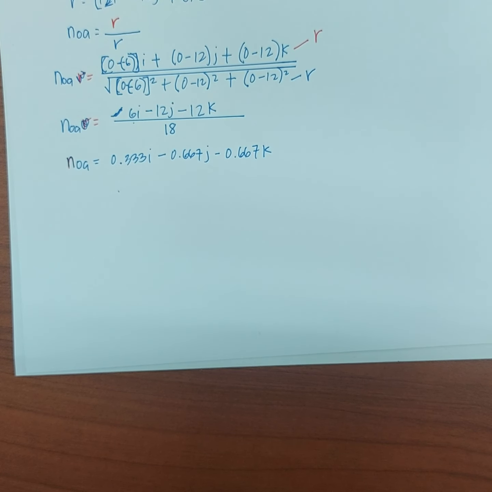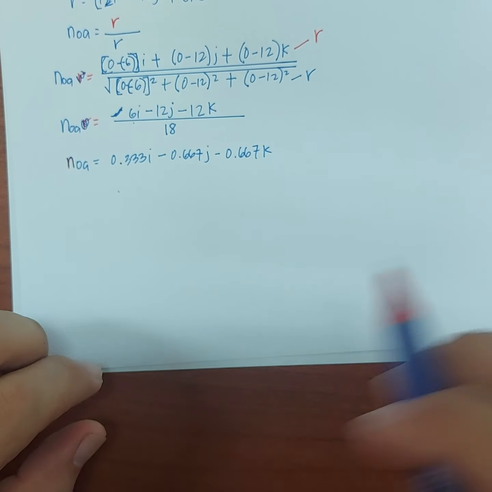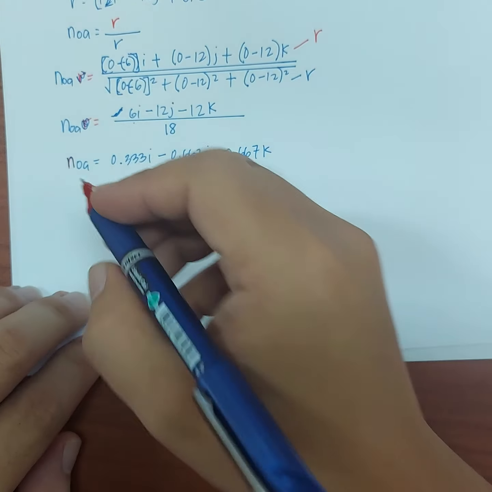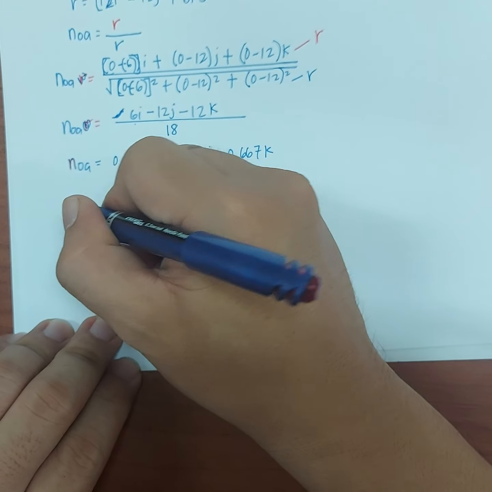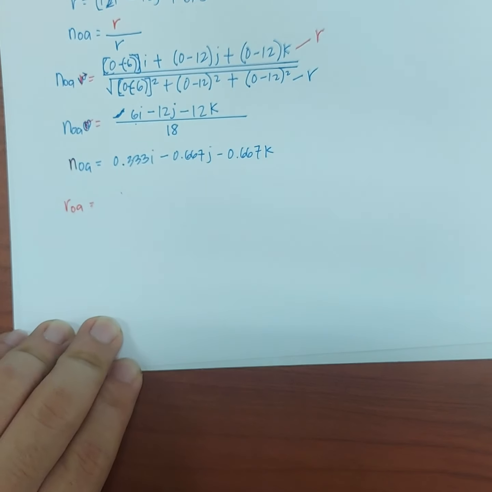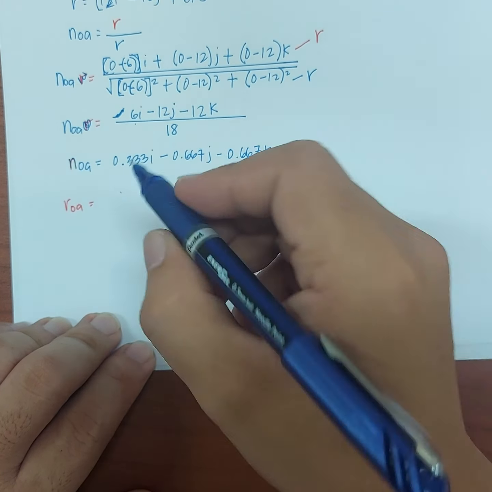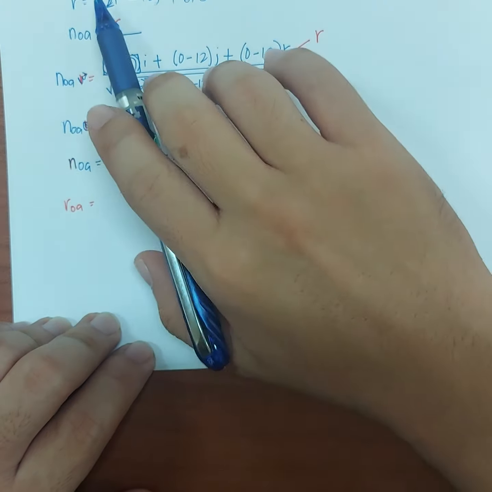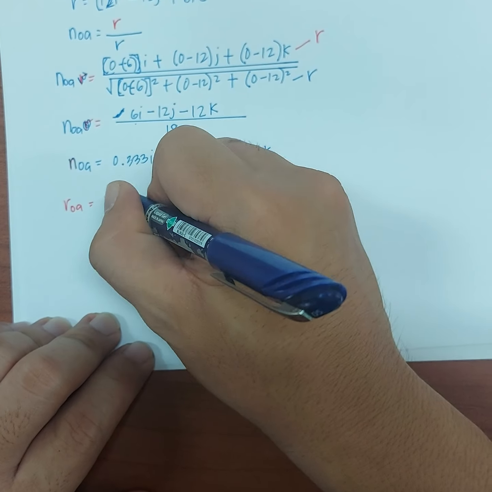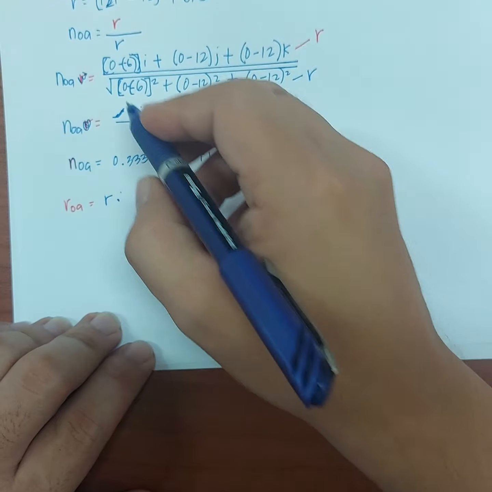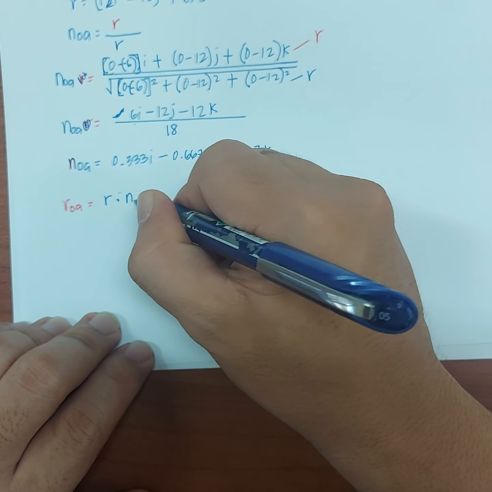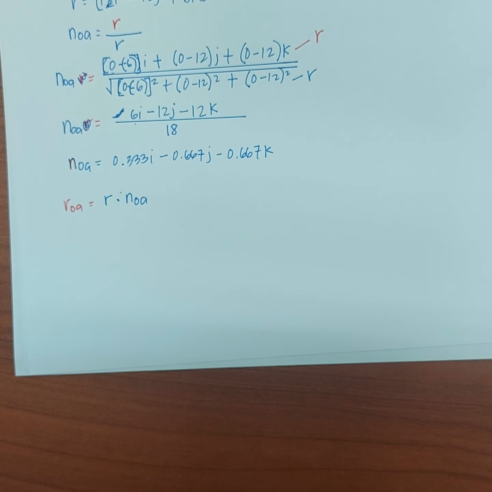The component along the OA axis, ROA, is equal to the dot product of the position vector we solved earlier and the unit vector along the OA axis.